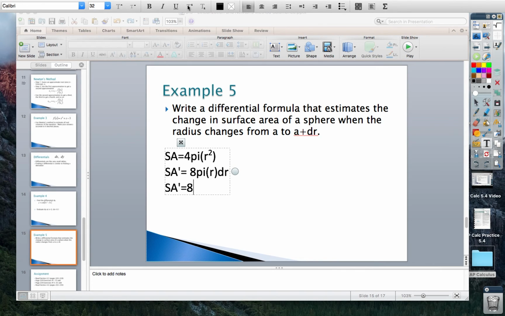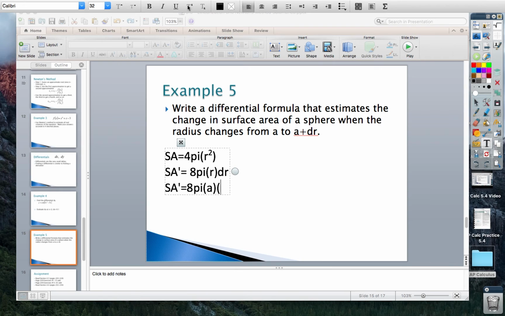So we have 8 pi times, notice it says from when the radius changes from a to a plus dr. That means instead of using our radius r, we're going to use a. And notice the dr, remember d stands for delta, and delta means the change.